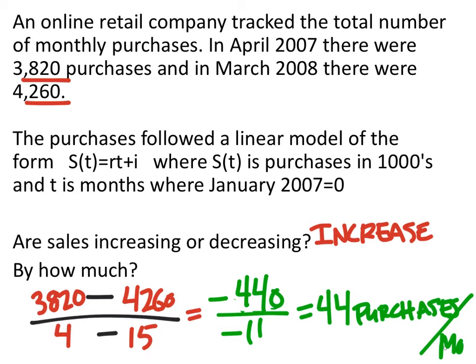Now, of course, this is going to lead to that function that we have up there, S of t equals R t plus I. And we know the R already. That's the 44 purchases per month. We just have to figure out an initial value to write this in. And the initial value will be however many purchases were made in January 2007, which we'll figure out.